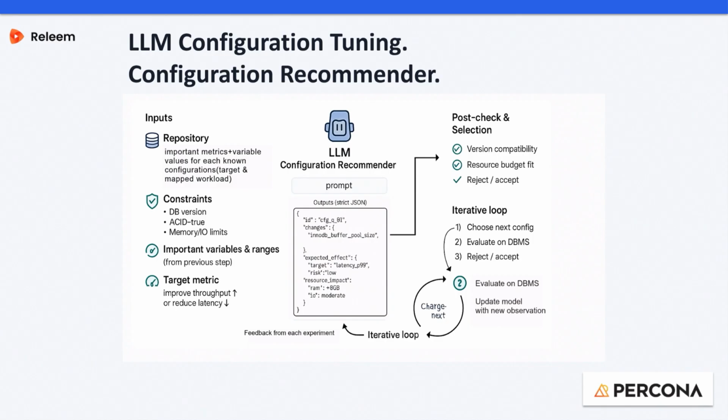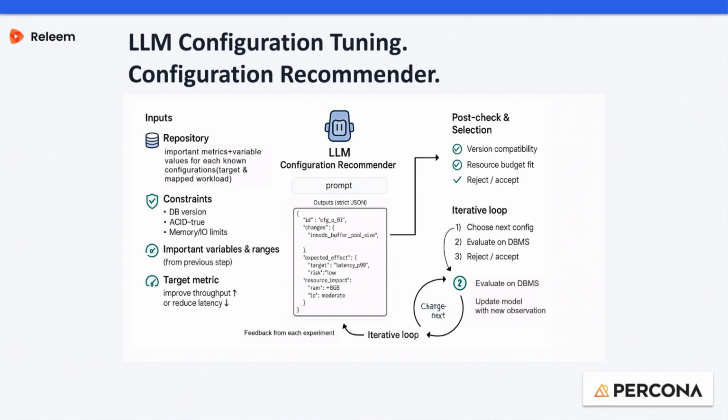To generate a new configuration, the LLM receives the set of important metrics and variable values for each known configuration in the repository for the target server and the closest selected workload, and constraints: DBMS version, ACID, memory, I/O limits. We also pass the previously selected list of important variables with their ranges to prevent hallucinations, and the target optimization metric that needs to be improved.